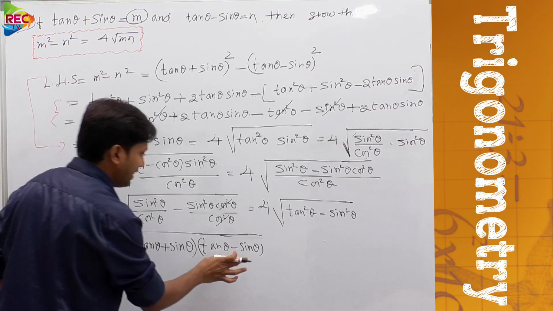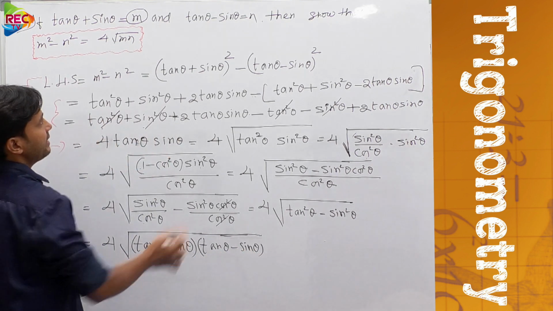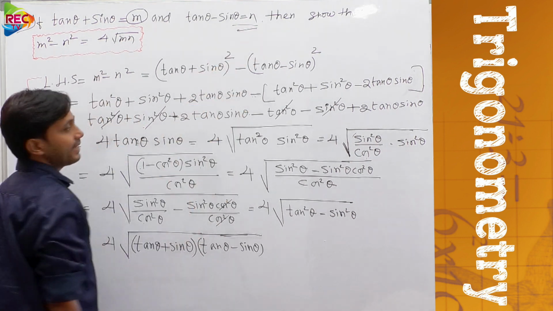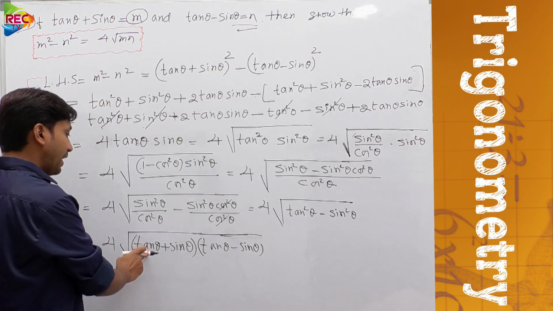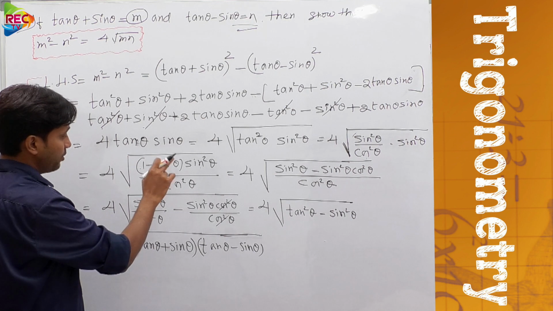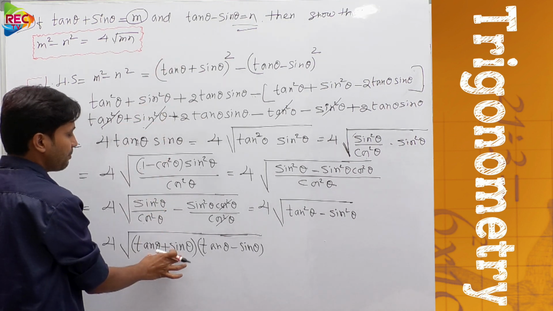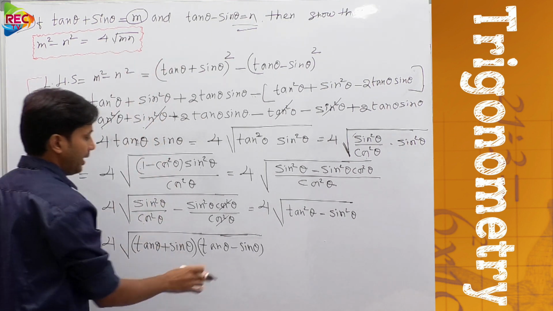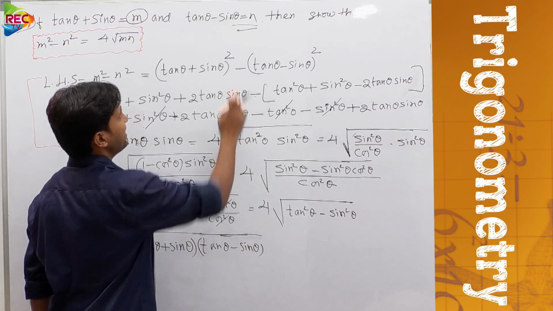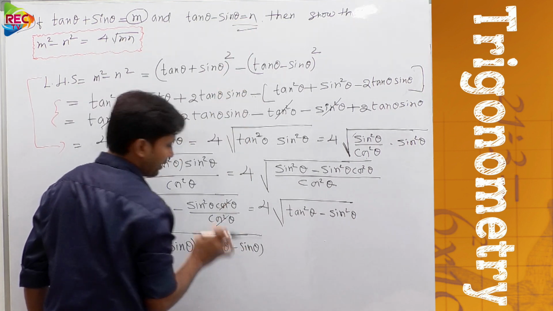And what is tan theta minus sin theta? Is it n or not? Exactly. So the value of tan theta plus sin theta is m, so we can replace it with m. And the value of tan theta minus sin theta is n, so we can replace it with n.